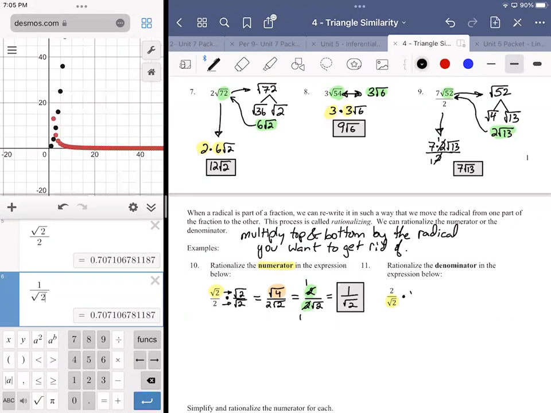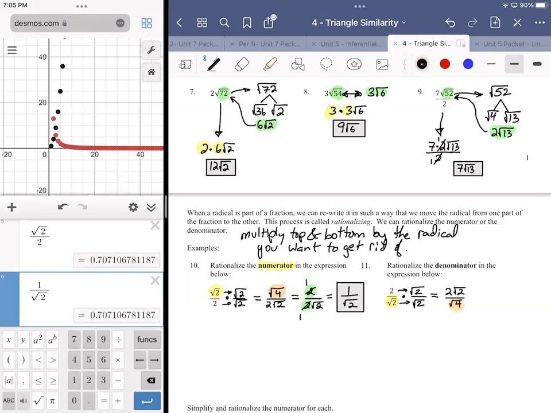If I multiply top and bottom still by rad 2, top times top, bottom times bottom, 2 times rad 2 is 2 rad 2. On the bottom, we get rad 2 times rad 2, which is rad 4, which in turn is equal to 2.